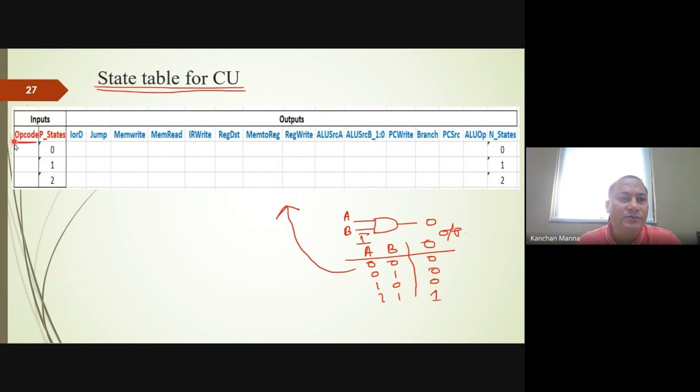So we have these inputs, and then these are the output signals. You see these 15 signals, and also the next state. So we are telling that after performing this operation, go to the other state, and because of that, we have the next state field in the output also. We'll see this in detail.